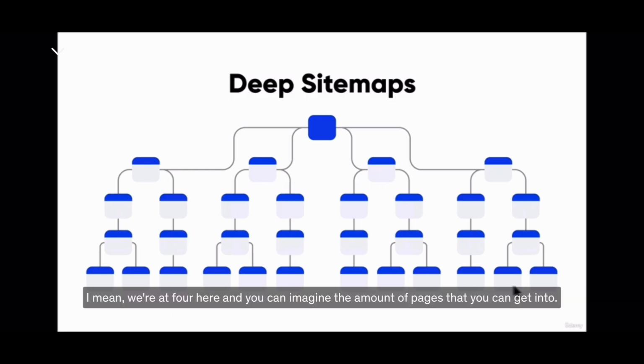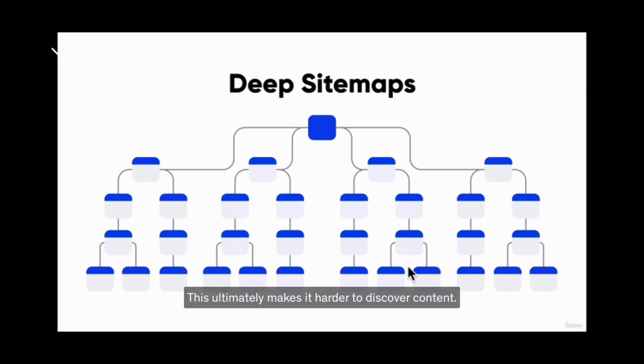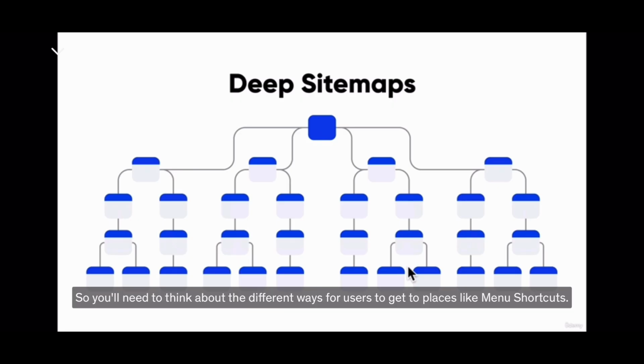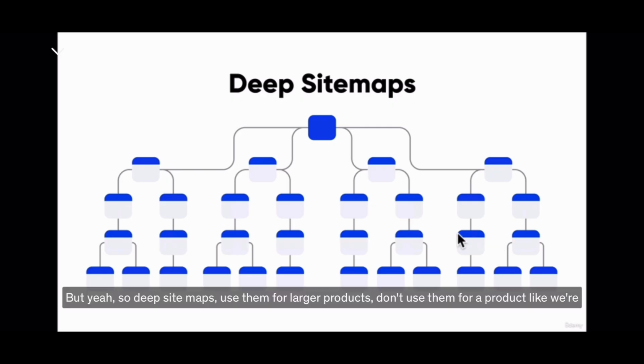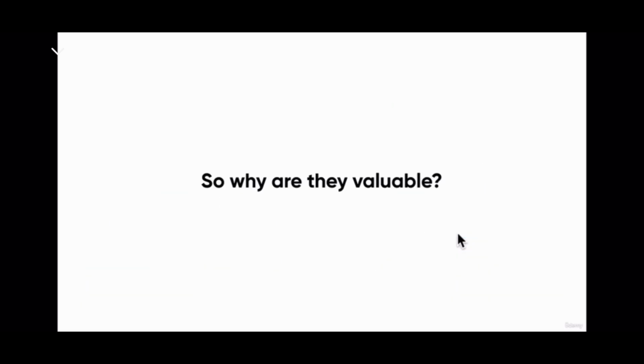I mean, we are at 4 here. You can imagine the amount of pages that you can produce. This ultimately makes it harder to discover, so you would need to think about different ways for users to get to places, like menus. So deep sitemaps, use them for larger products. Don't use them for small ones.